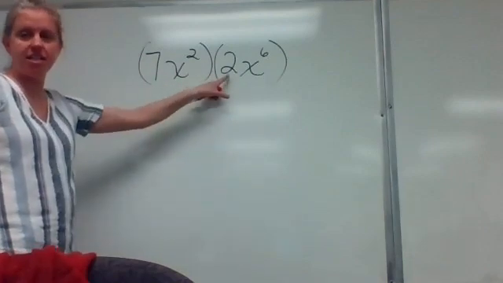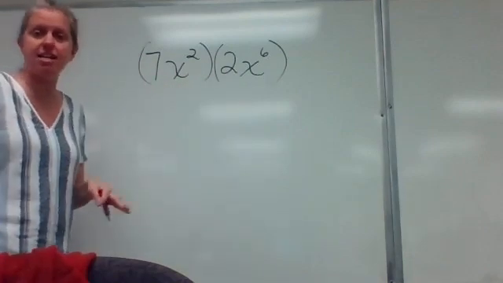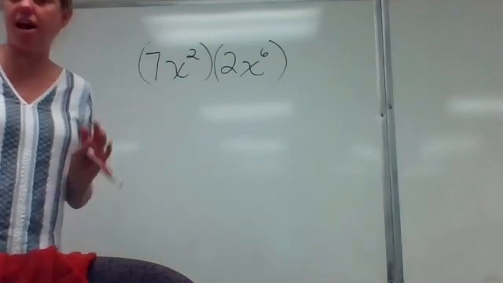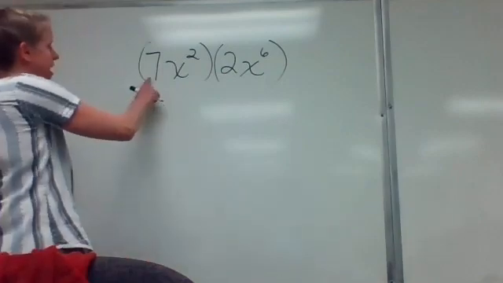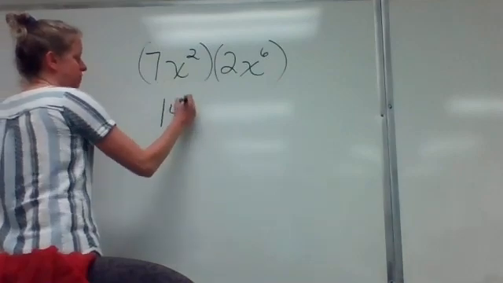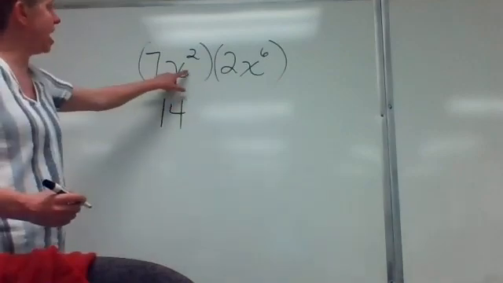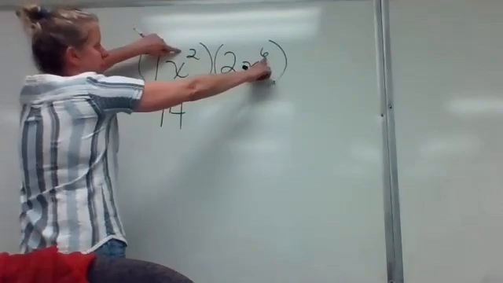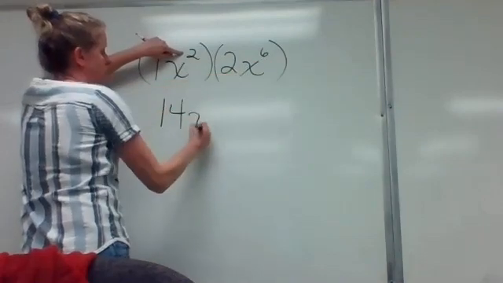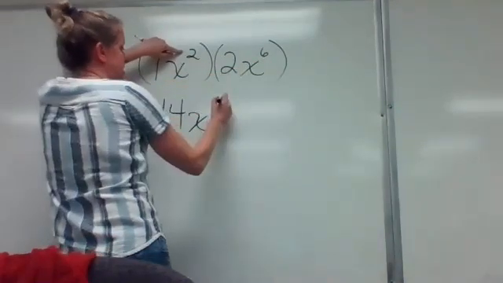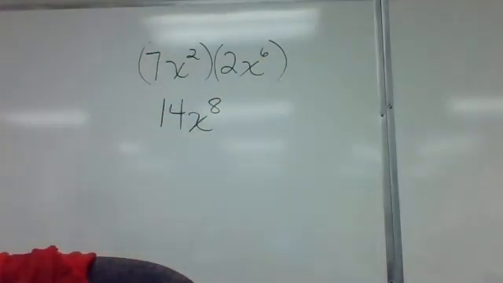Again, multiplying this 7 times the 2 is 14 like it always has been, right? Those don't have exponents. Those are just plain multiplying. 7 times 2 gives me 14. Now I am multiplying x's, which means I will add their exponents. So x to the 2nd times x to the 6th will give me x to the 8th.